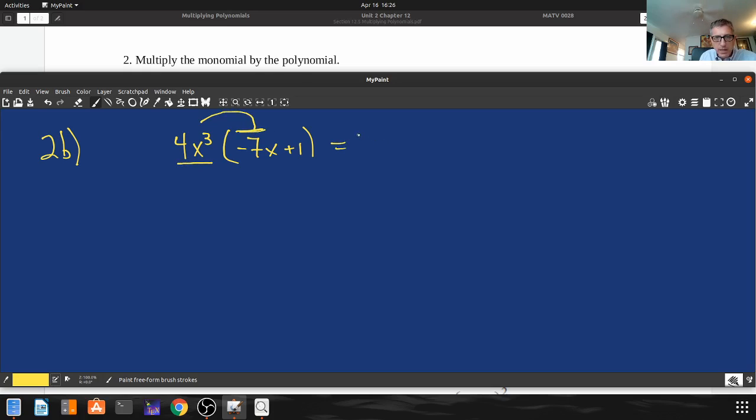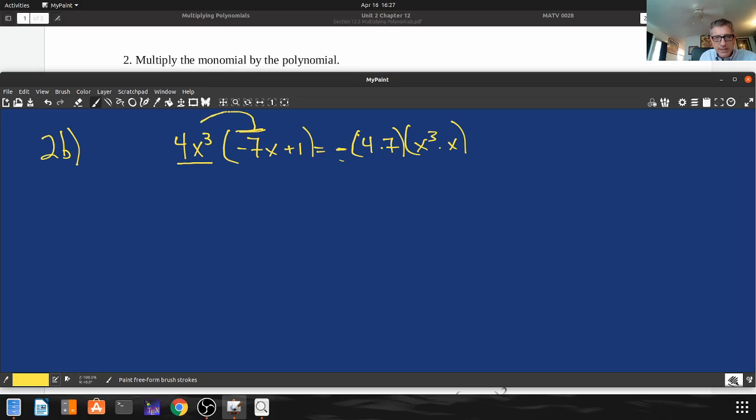So that's going to be 4. Since this is a negative, I'm just going to put my negative on the outside, because a positive times a negative is going to be a negative. So that's 4 times 7, my negative on the outside, times x cubed times x.